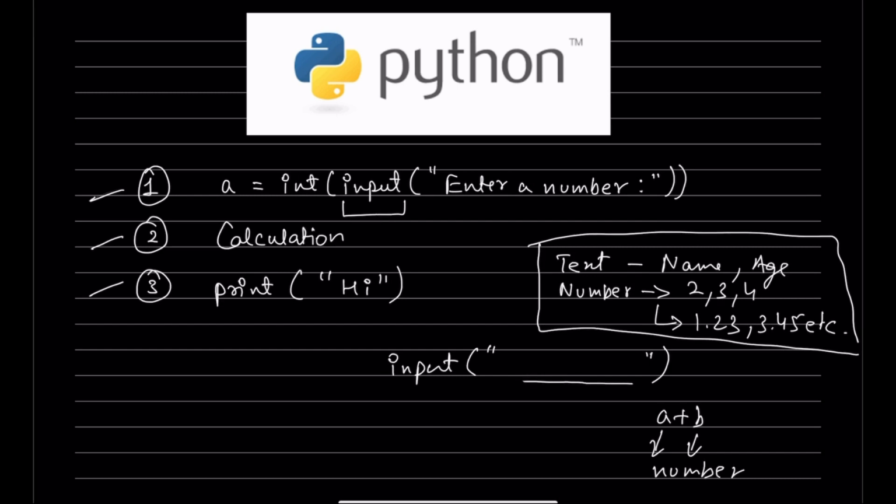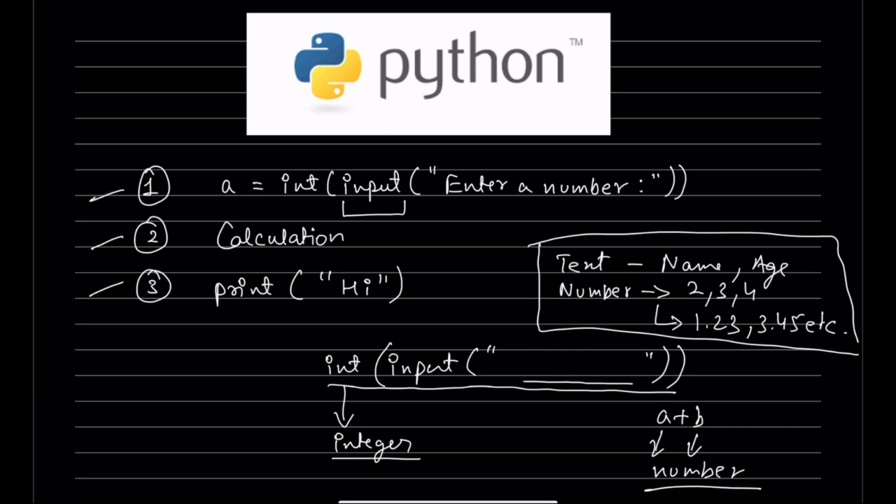Let's say these numbers are whole numbers, and in that particular section we need to type another bracket over here, and mention another keyword called int, which defines the type integer. As we all know from mathematics what integers exactly are. Then using this particular command, you will get the input from the user.